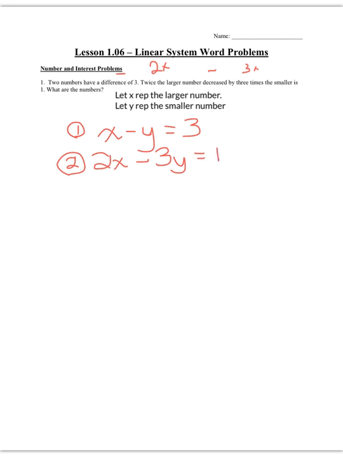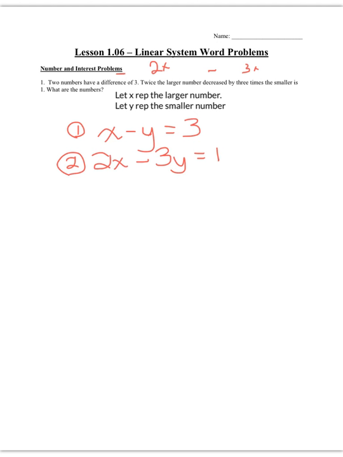Again, for a difference of 3, it has to be the larger minus the smaller number in order to get positive 3. That's why it's x minus y. The second statement says twice the larger number decreased by 3 times the smaller is 1. So it's 2x minus 3y, because y is the smaller number, equals 1.